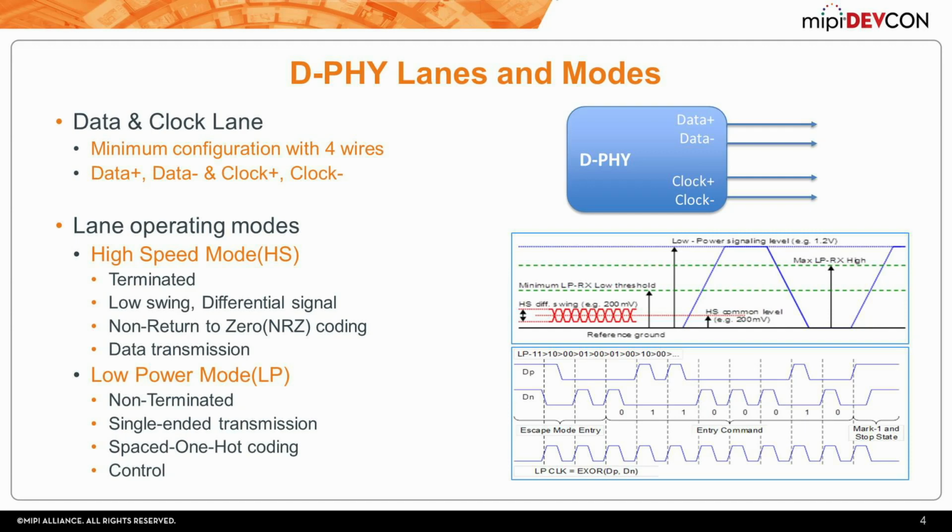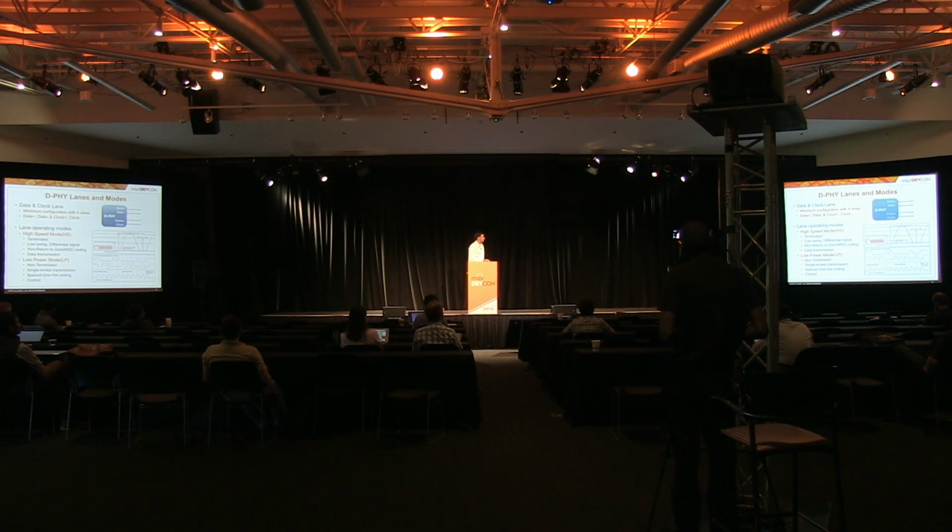And of course, the high speed is for the data traffic, for example, image data. One more thing I wanted to highlight was that the LP mode uses a slightly unique kind of encoding, spaced one-hot encoding. So these are the slight distinctions between the low power and the high speed mode.